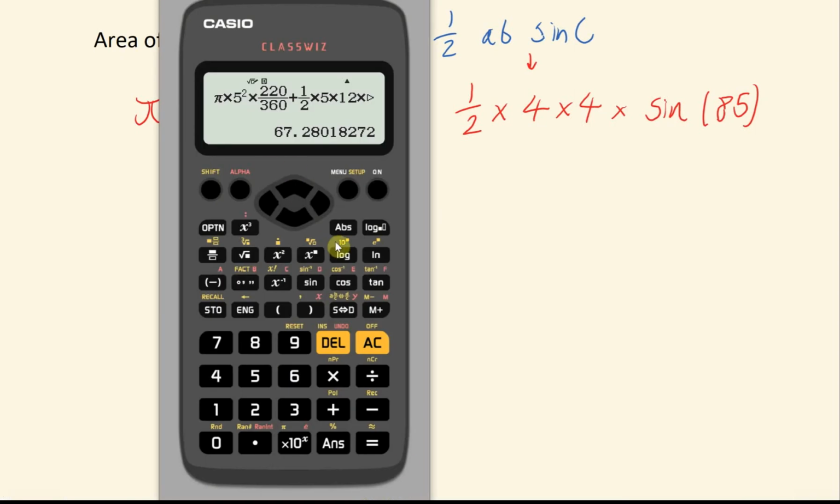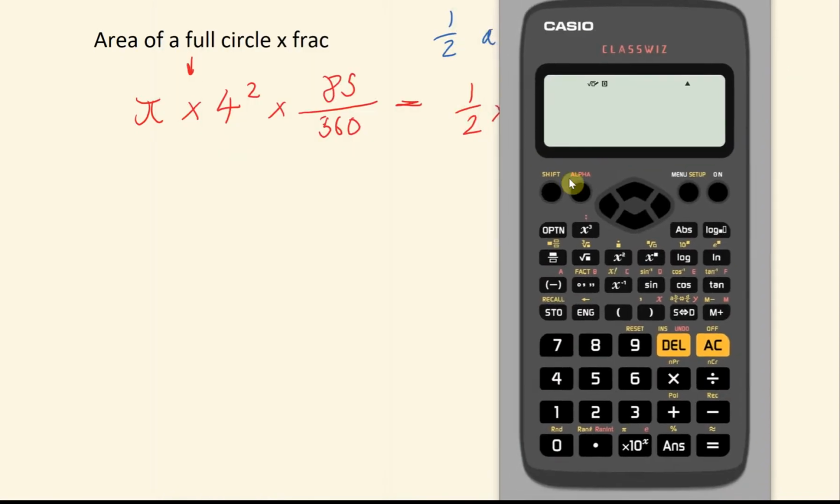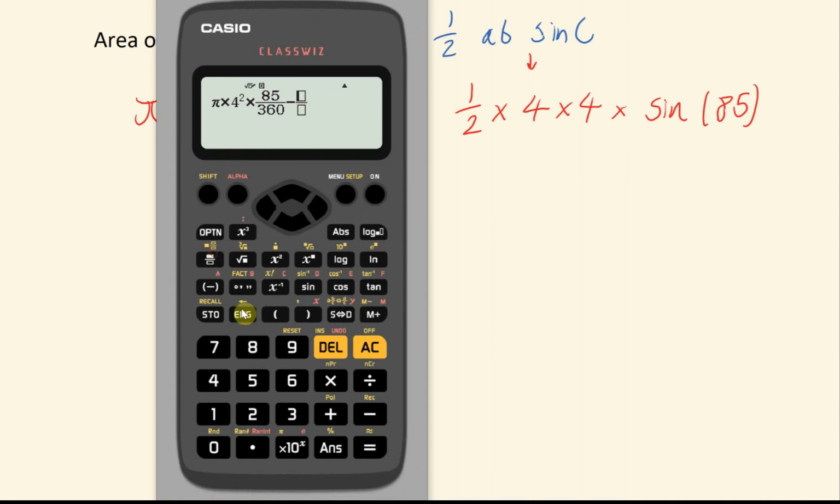There's no reason why you can't just type that into a calculator in one big go. So let's do that. Pi times 4 squared times this fraction here, and from that we take away the area of the triangle, which is a half times 4 times 4, or 4 squared, times sine 85.